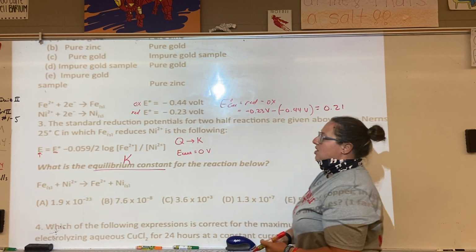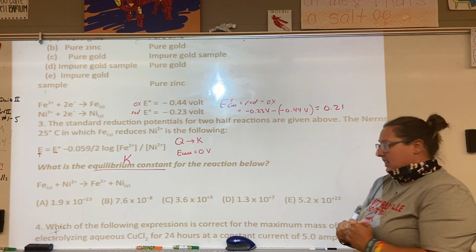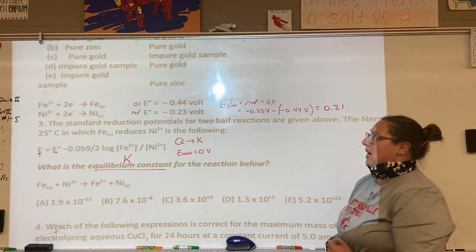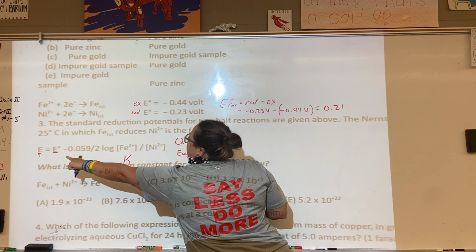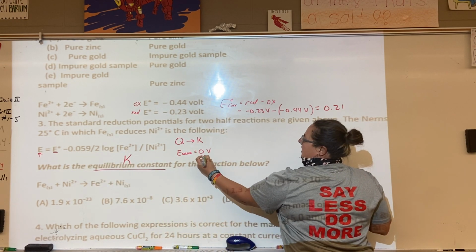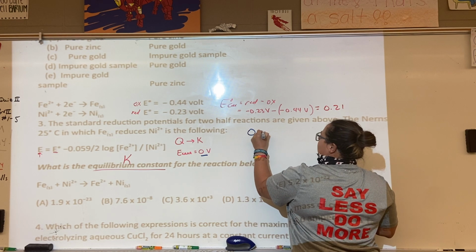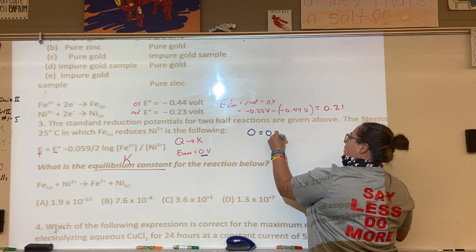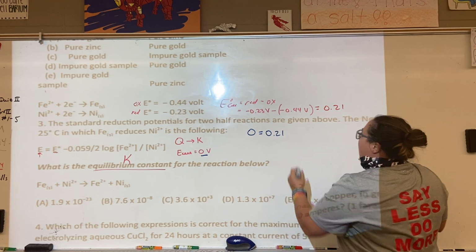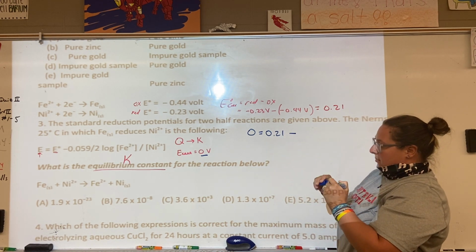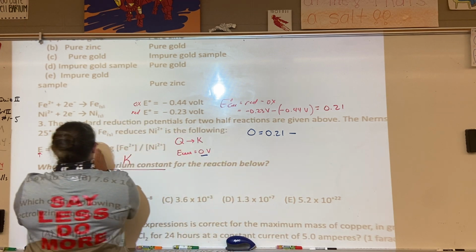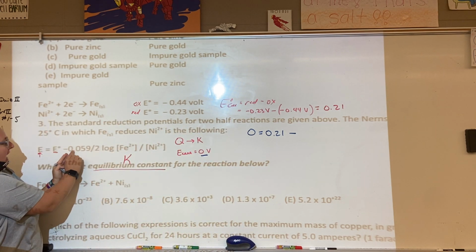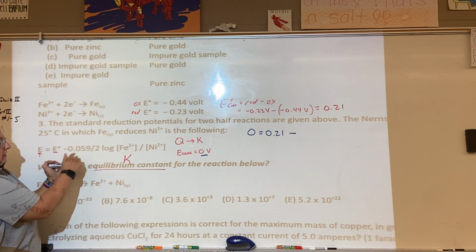So now what we're going to do is plug in everything we know into the Nernst equation. And so we know that the E cell is equal to 0. Our standard E cell is equal to 0.21. And I'm going to do some condensing here. So to make my mental math easier, I'm just going to call 0.059 0.06.